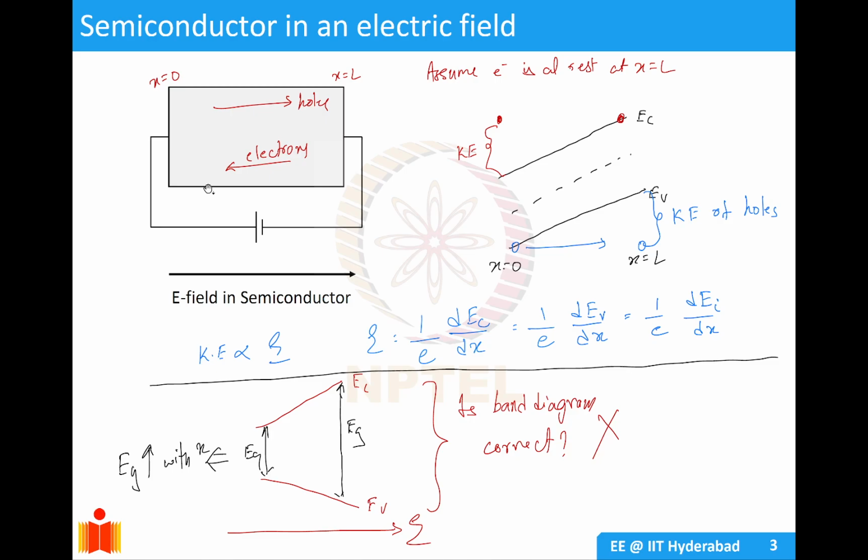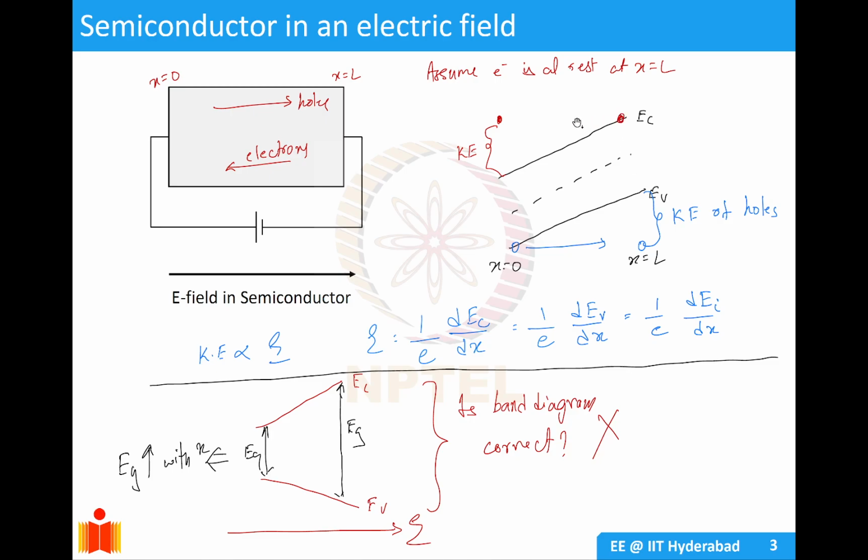So let's take this semiconductor where x0 and xL are the boundaries. Let's assume that the electron is at rest at x equals L, and it starts moving towards x equals 0 due to the electric field. At x equals L, this is how EC and EV look.